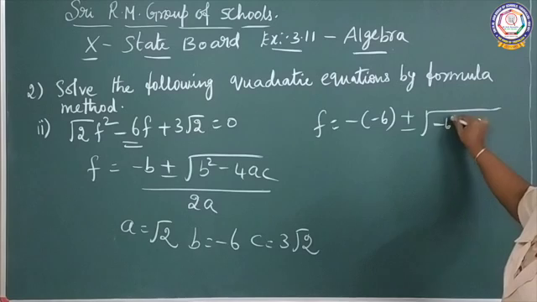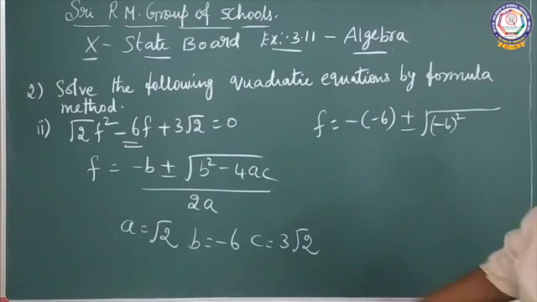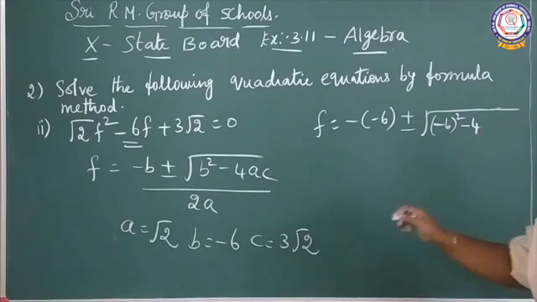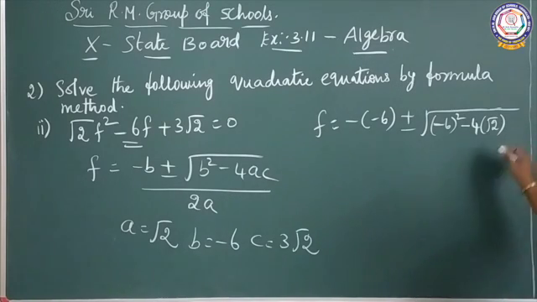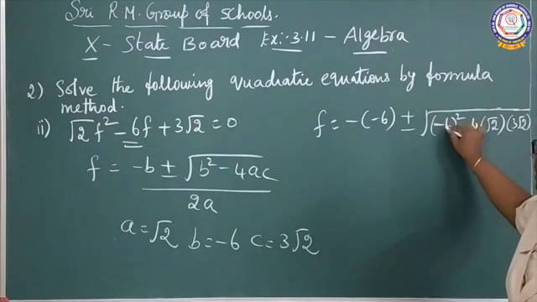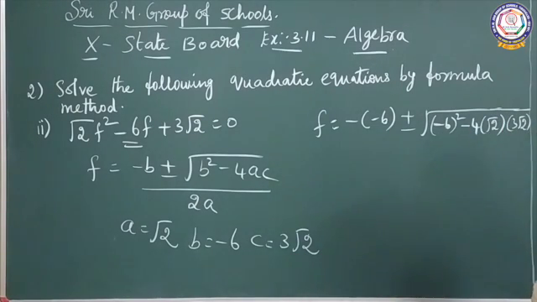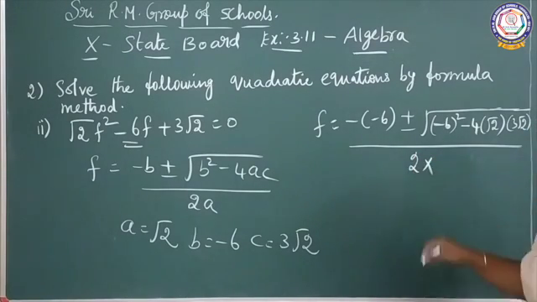B square means minus 6 the whole square, minus 4 into a, the a value is root 2, and the c value is 3 root 2, by the whole divided by 2 into a value.